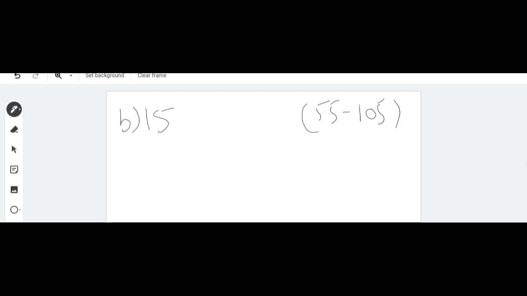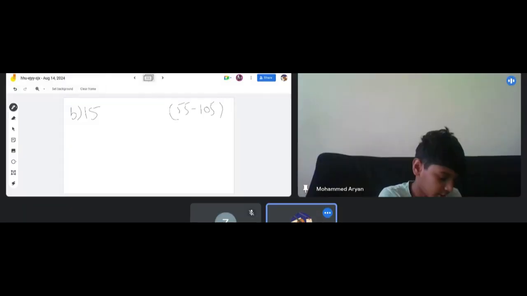Now you have to start the table of 15, but you have to put the sequence of the range as well. You don't have to start from 1. Okay?